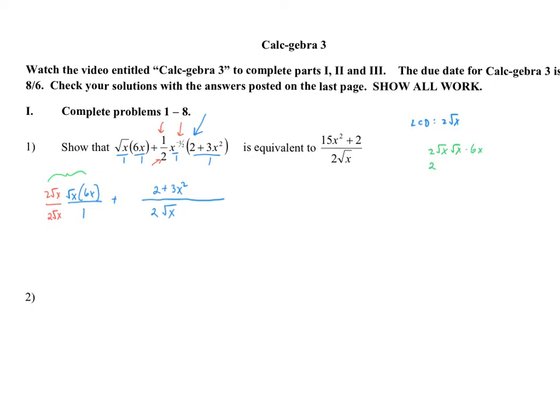Now, root x times root x is x, so you have 2x times 6x, which is 12x squared. That means we have 12x squared divided by 2 root x plus 2 plus 3x squared divided by 2 root x. Now that we have a common denominator, we can add the fractions together. You can see that we have 15x squared plus 2 divided by 2 root x. Check.